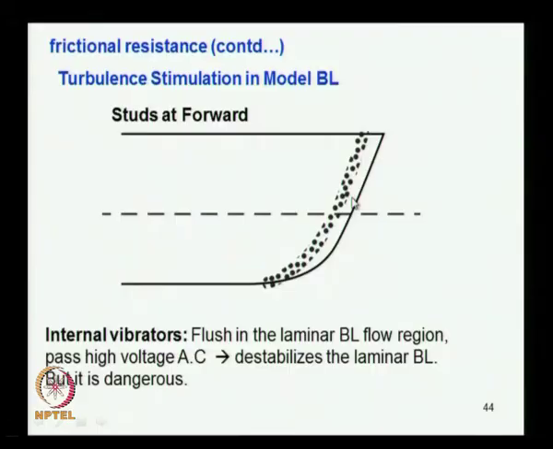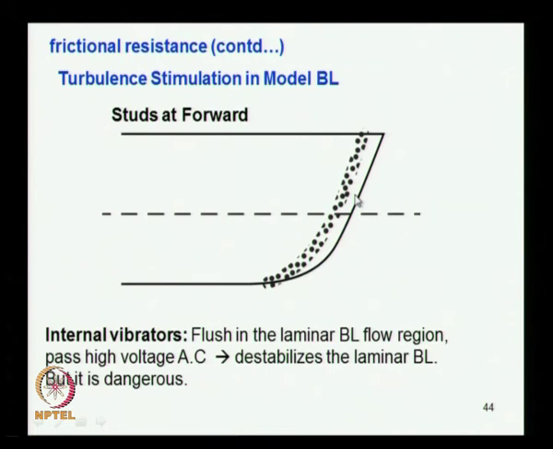Another option for turbulence stimulation in the model is studs at the forward. You put some studs, just small, projecting slightly out, and again when the flow passes, same as sandpaper, it creates turbulence. One more option which is rarely tried is internal vibrators.